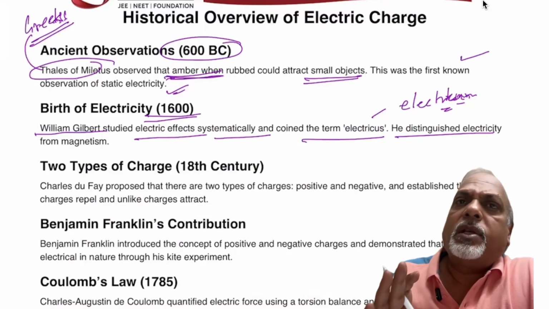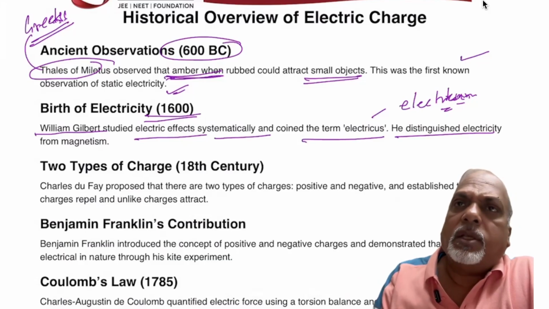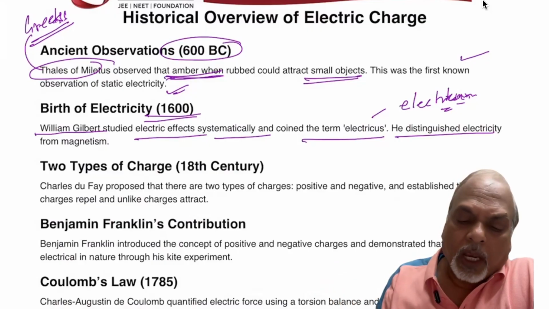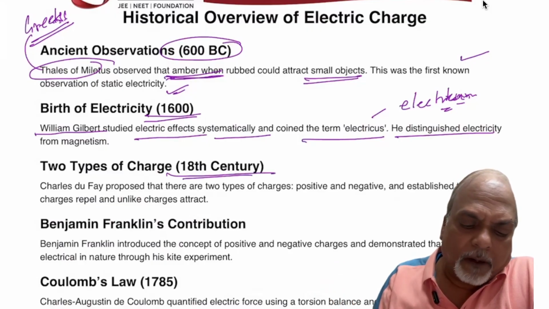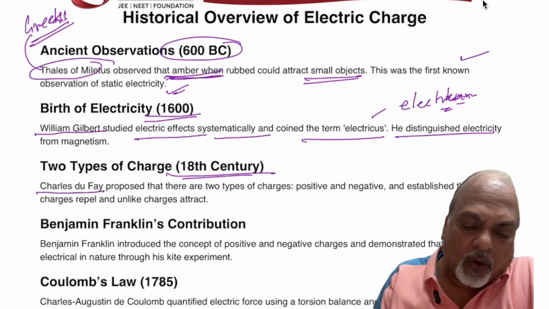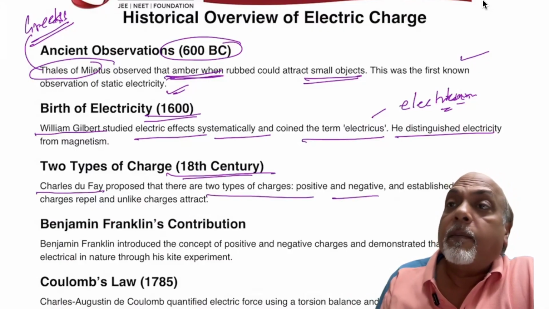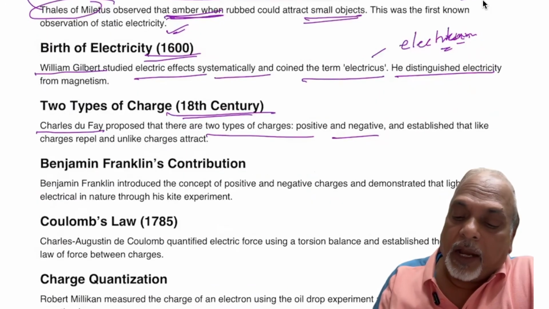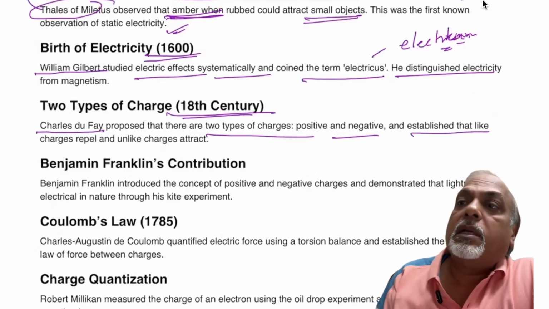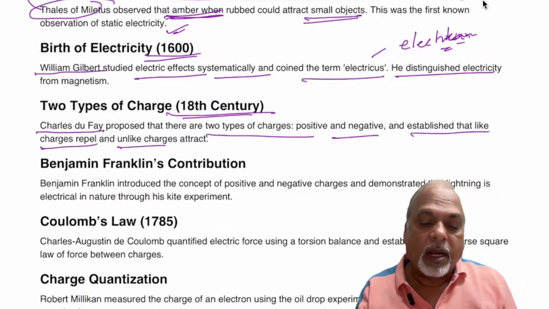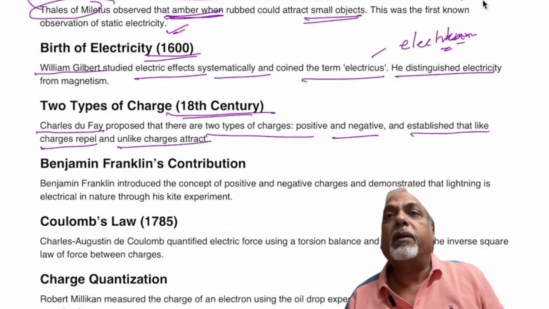It means electricity is something else. This type of attraction is something else, and the other type, magnetism, is something else. In the 18th century, Charles Dufay proposed that there are two types of charges, positive and negative, and established that like charges repel and unlike charges attract.